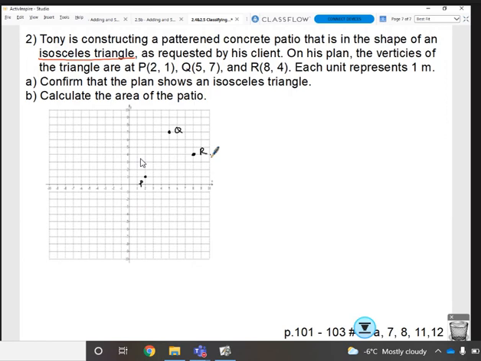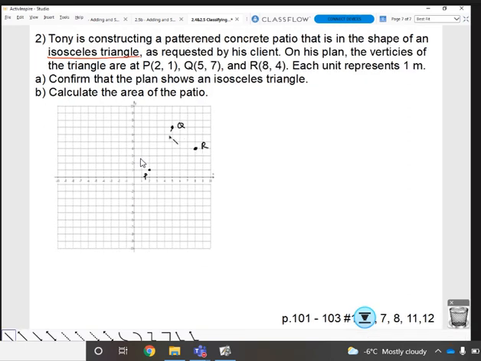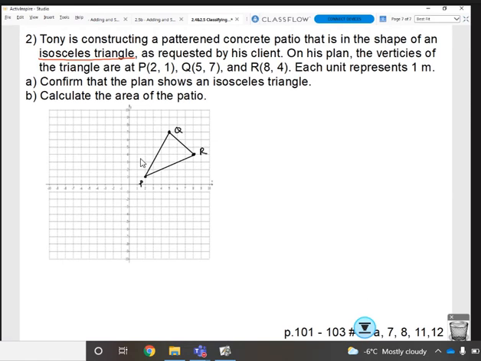And of course, we're going to connect the best we can here. P, Q, R, back to P. Now, because we have it on a graph, and graphs are so lovely, aren't they? We're going to be doing length.